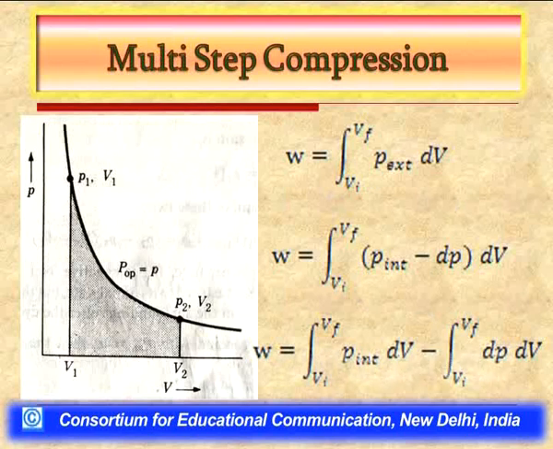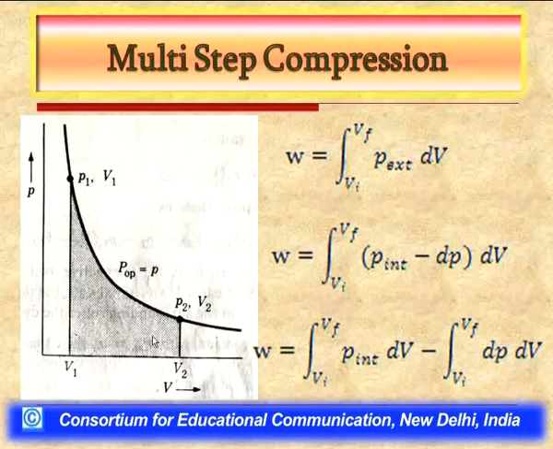And now, if we carry out the compression process in an infinite number of steps, multi-step compression, then again the shaded area you will observe will be lying exactly below the PV expansion isotherm, which shows the initial and the final states.